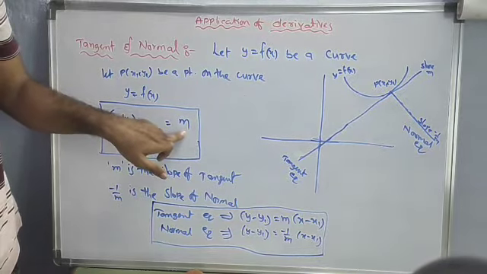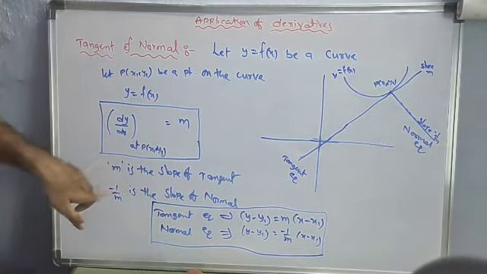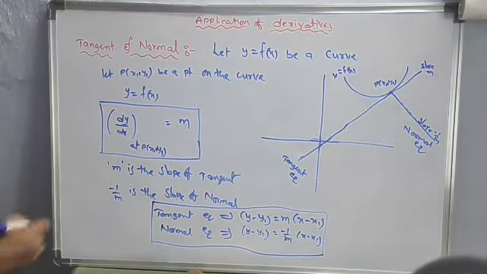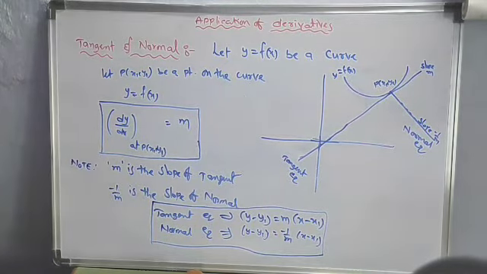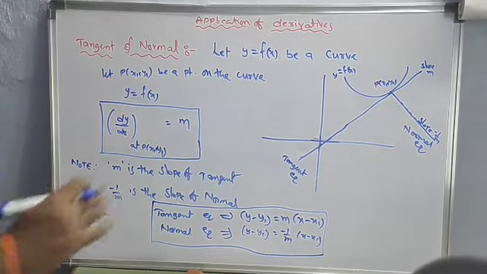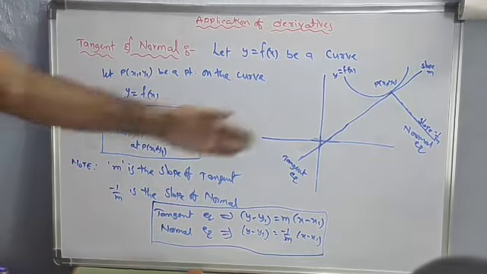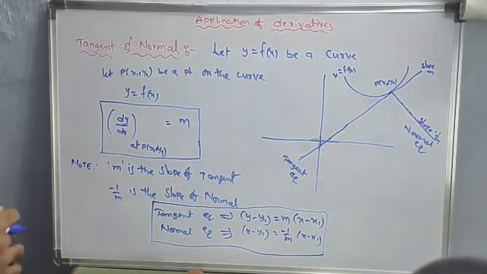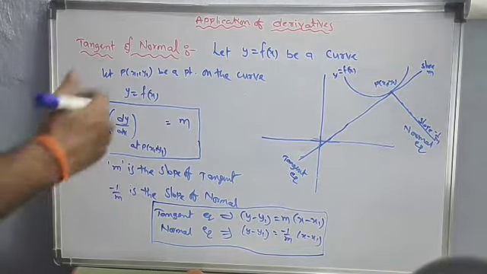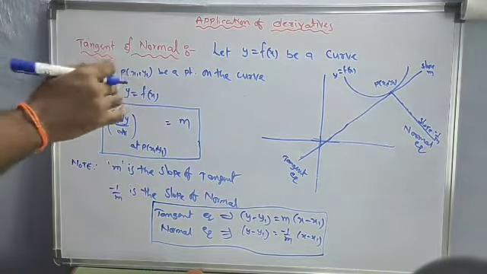If you know the tangent slope, easily you can get the normal slope also. Here m is called the tangent slope, and minus 1 by m is called the normal slope. This is the rough diagram for this concept: y equal to f of x is a curve, and you can consider any one point P(x1, y1).